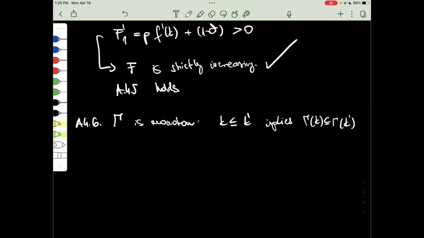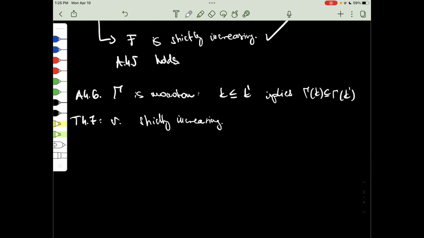So assumption 4.6 also applies. According to theorem 4.7, V is strictly increasing. So you can see that what we are doing is going over the assumptions and the theorems in the key chapter and checking whether the necessary assumptions and the important theorems hold or not.